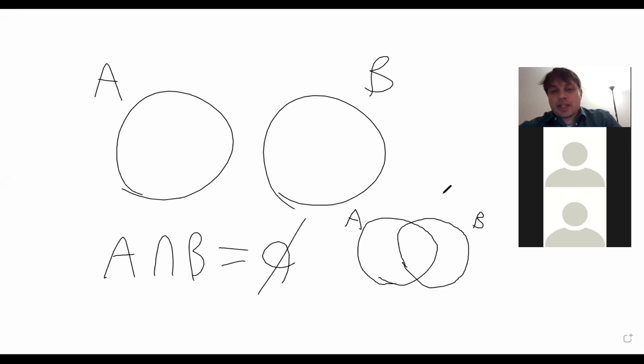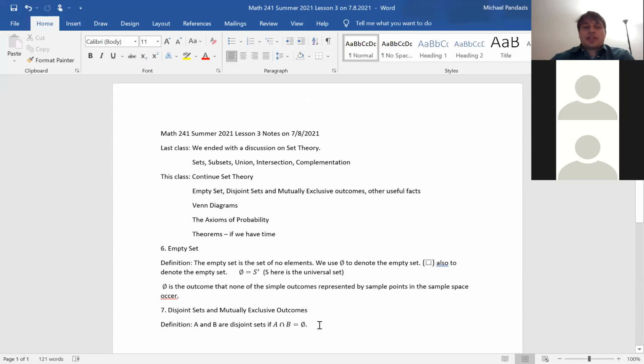You might have an element from A here, an element from B here, but there's nothing in the intersection, so they're disjoint. Drawing the circles separately just makes it obvious that there's nothing in the intersection. So these are two ways to illustrate that sets A and B are disjoint, that their intersection is empty. That's the definition of disjoint sets.